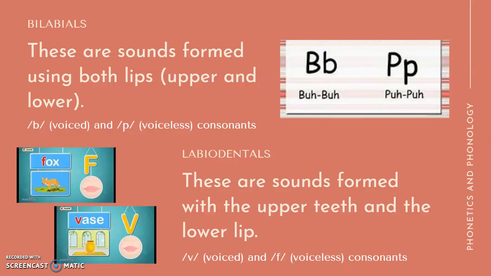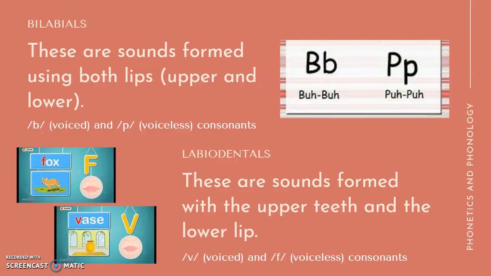I'm going to define all of them. First, bilabials. These are sounds formed using both lips, upper and lower lip, such as b and other consonants. Then we have labiodentals.